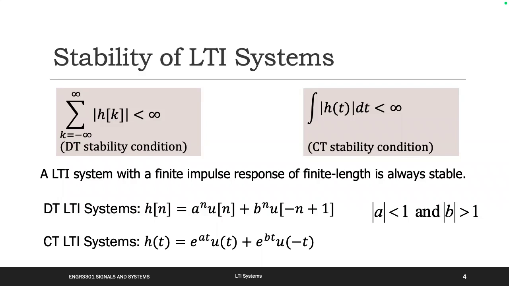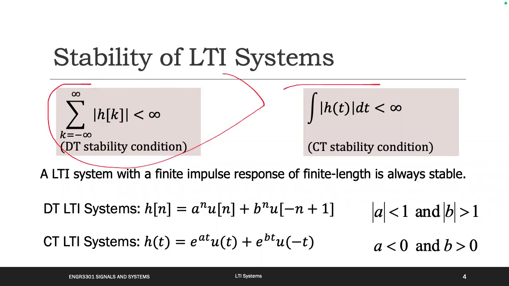Similarly, a should be smaller than 0 and b should be greater than 0. Then you can guarantee this equation, this one and this one. That makes sense to you? Then your system is stable. Okay, any questions so far?